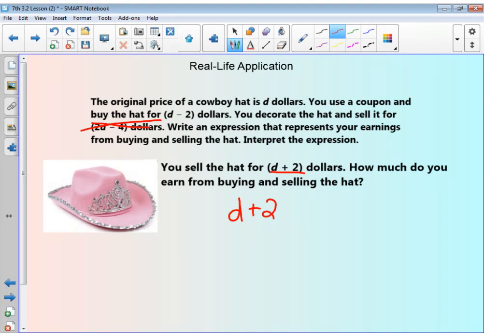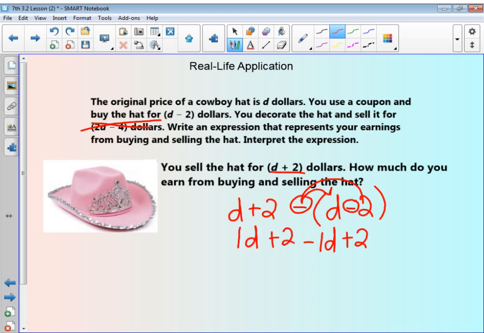And then I have to subtract off what I paid for it, right? So I'm going to subtract D minus 2. Distribute. This becomes a negative 1D. Distribute the negative, and a negative times a negative is a positive 2. And then I still had 1D here plus 2.